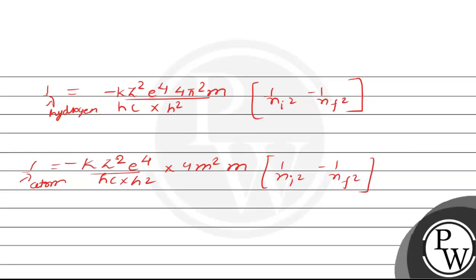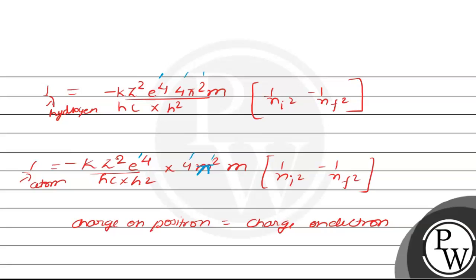Please note that the charge on positron is equal to the charge on electron. So this charge expression is also equal. Here we can see 4 is equal and pi square will be equal.